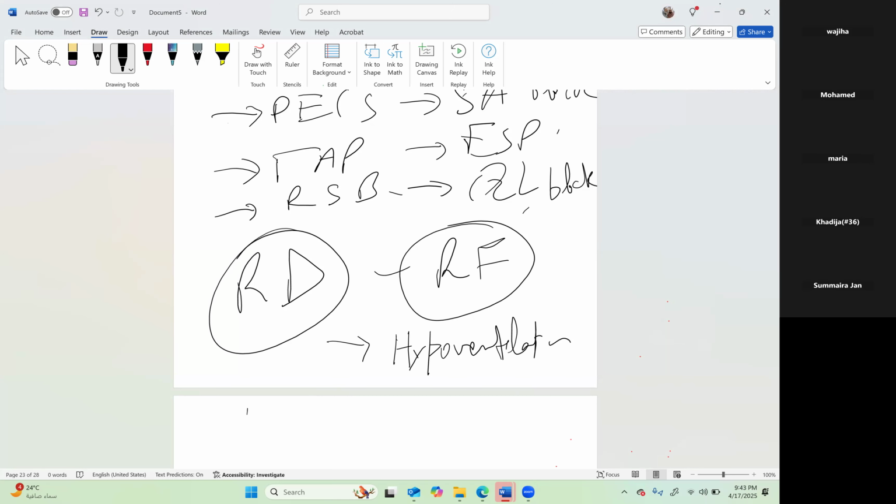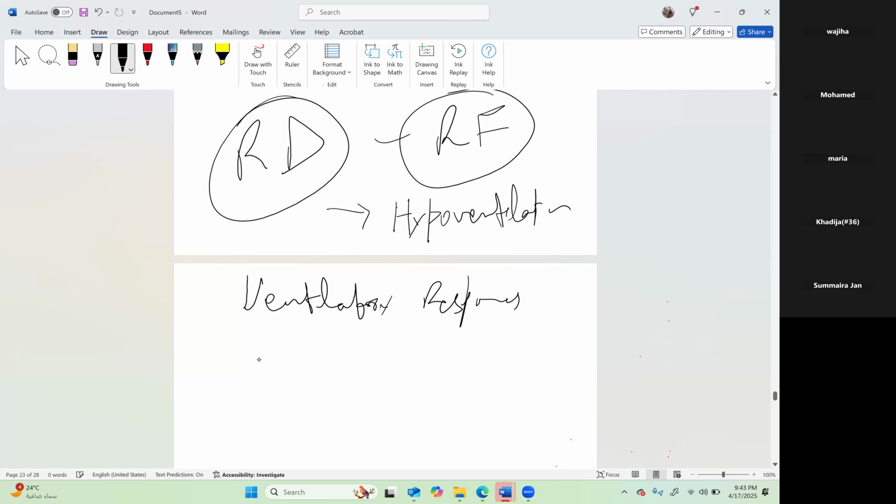It is the ventilatory response to oxygen or CO2. So this is called respiratory depression. Any hypnotics or opioids cause respiratory depression.